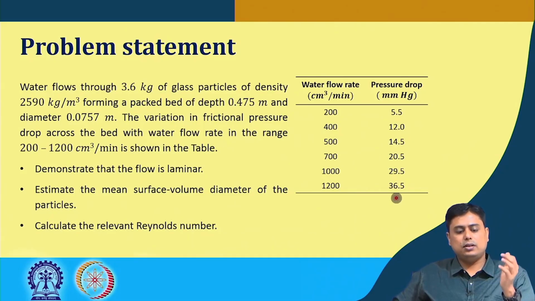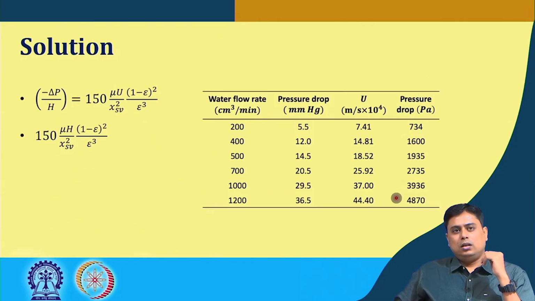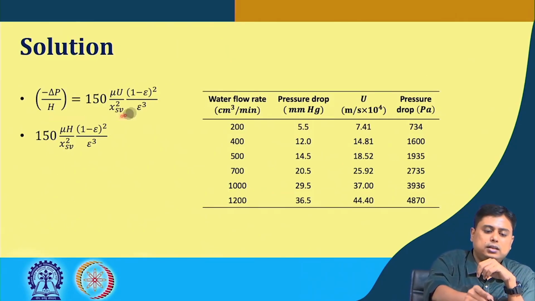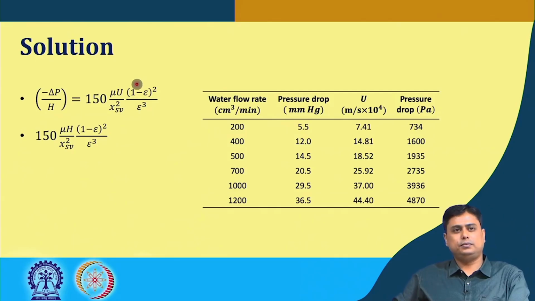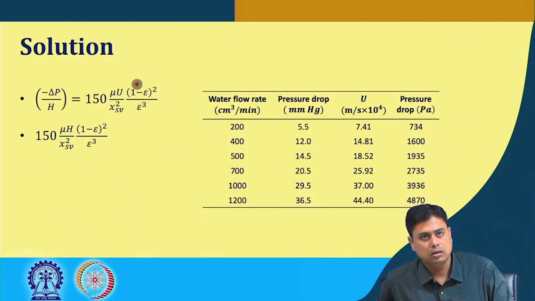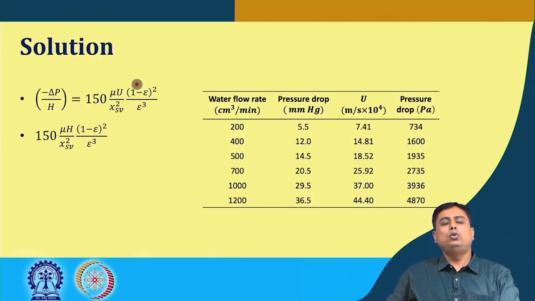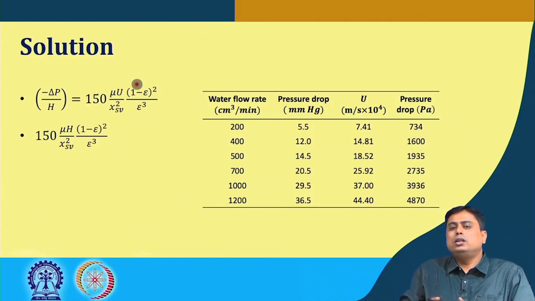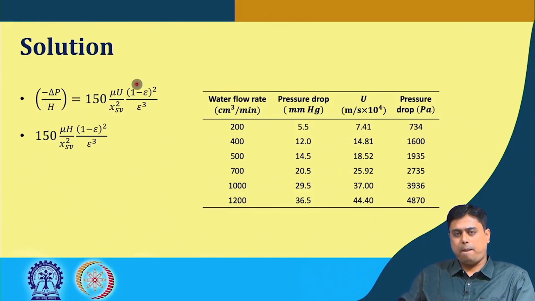So, at first we have to demonstrate that the flow is laminar. This is the first part. So, how do we do that? The point is, if you remember this expression, the first part of the Ergun equation, because you do not know initially in which region this operation is happening.